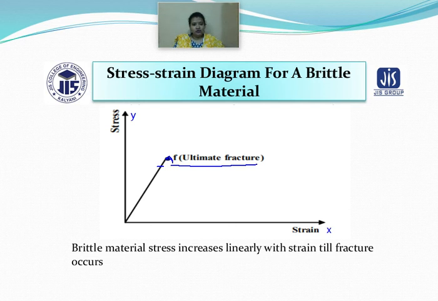So how are you going to get the upper yield point and lower yield point? If I talk about the elastic zone, the proportional limit will be within the elastic zone, and then the permanent zone comes, but in this case the permanent zone is very negligible. It is there only for a very small amount, because after the proportional limit it goes a little bit further and gets a fracture, it gets breakage. So this is what happens in the stress strain diagram for brittle material.